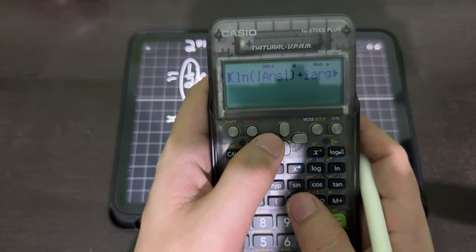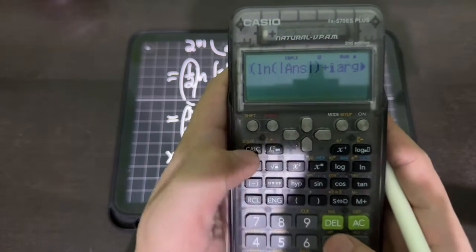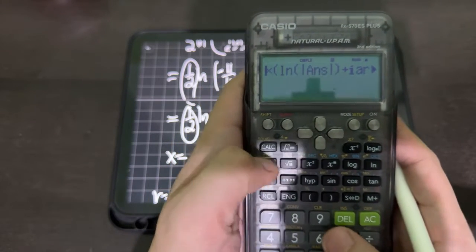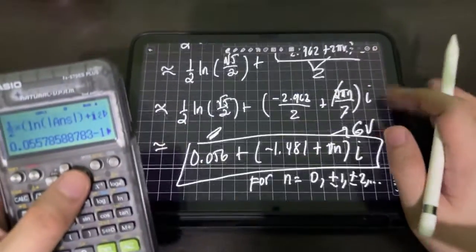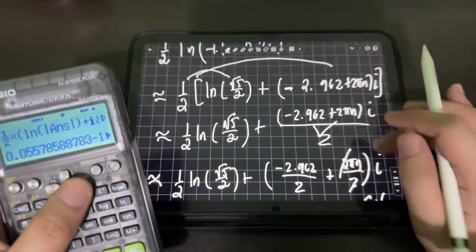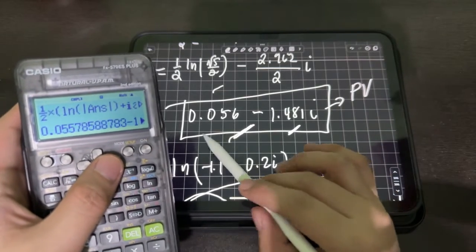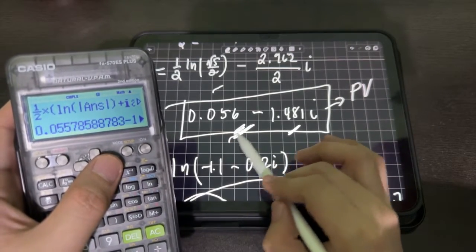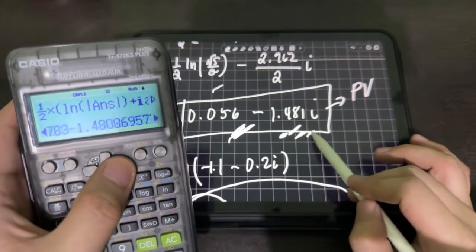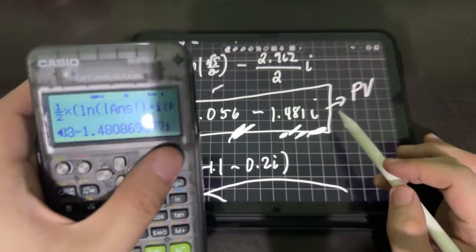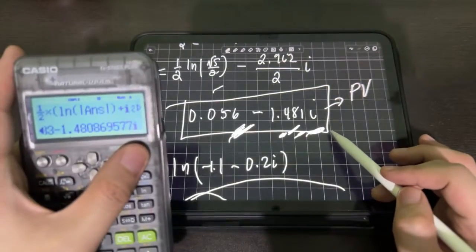So enclose this ln in the parentheses, then times 1/2. Okay, so we will check if we got the same answer. Okay, approximately 0.056 minus 1.481i. So we're correct based on the answer on the calculator up to 3 decimal places.